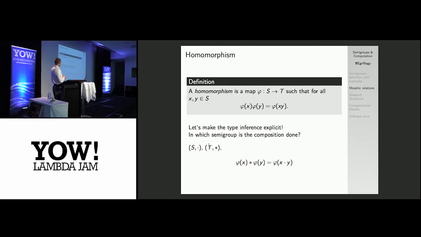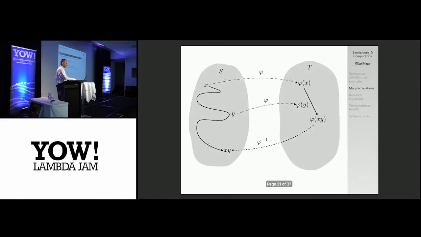I can use different symbols to represent the operations in the 2 semigroups. And now the question is, in which semigroup is the composition done? You can see that on one side it's done in S, and on the other side of the equation it's done in T. So that might explain it.